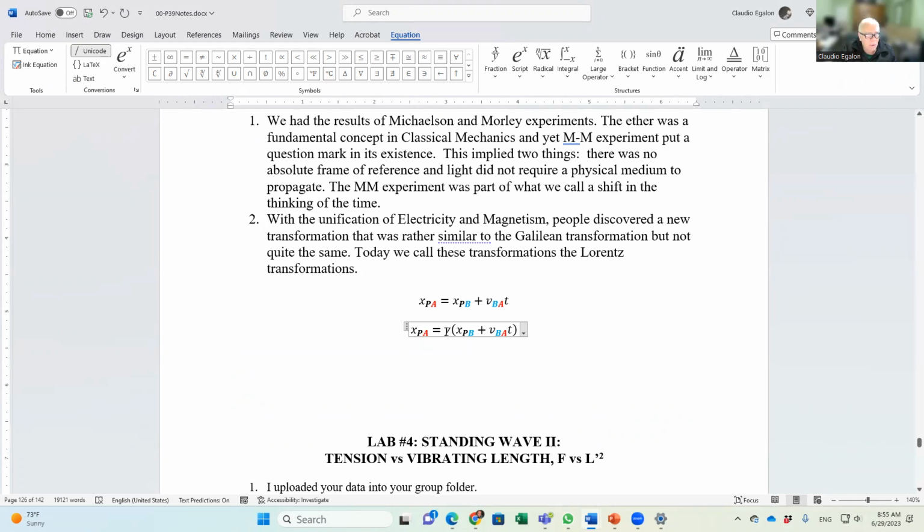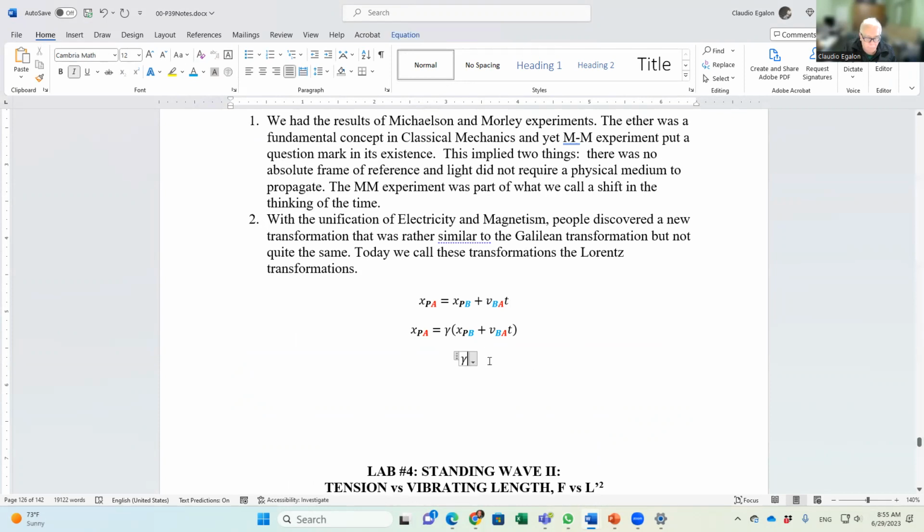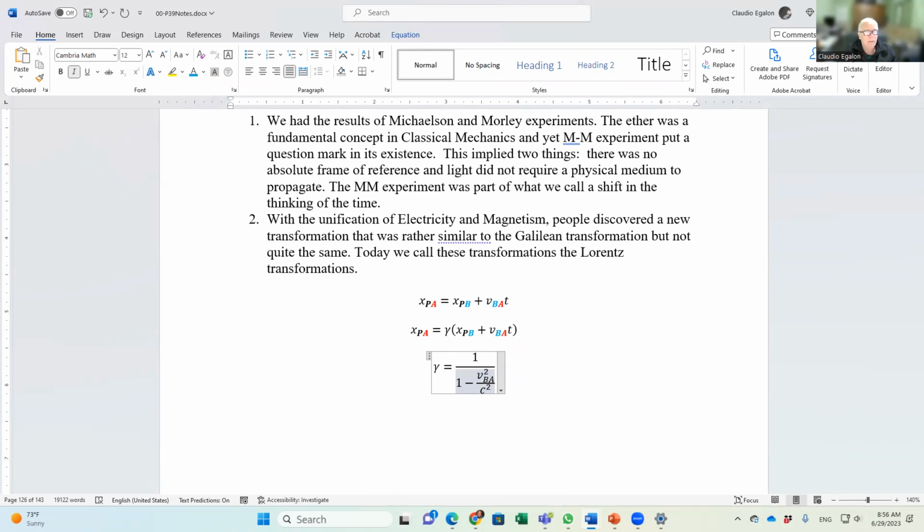This gamma factor was given by the following: 1 divided by the square root of 1 minus the velocity of referential B with respect to referential A, squared, divided by the speed of light squared.